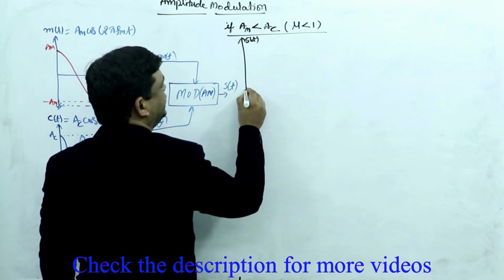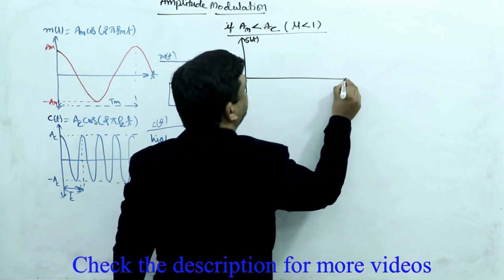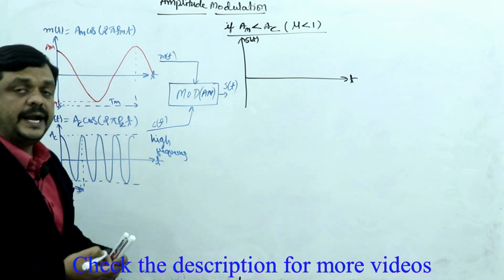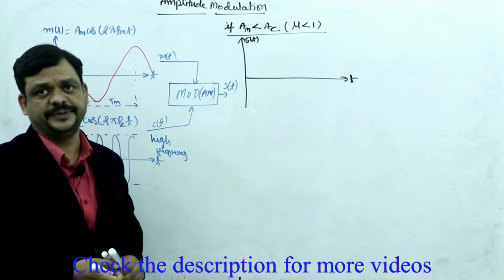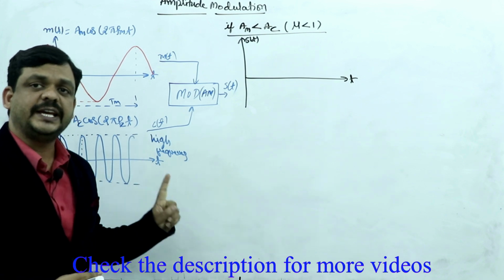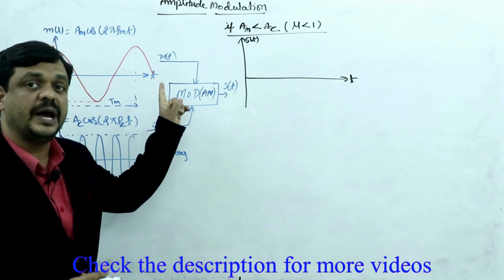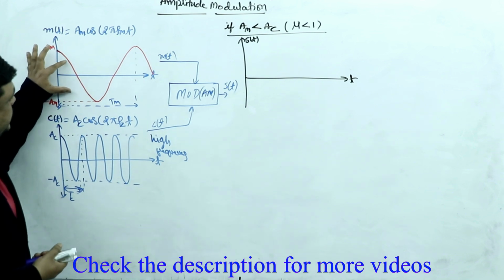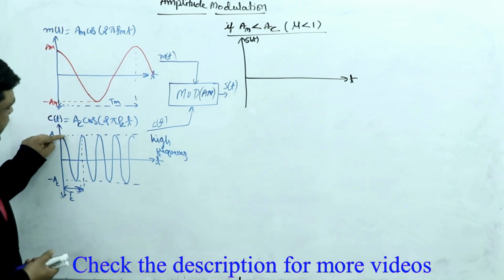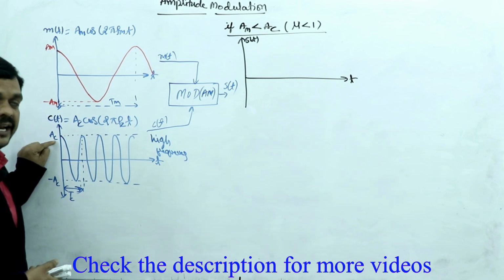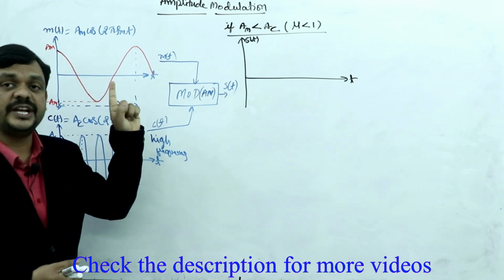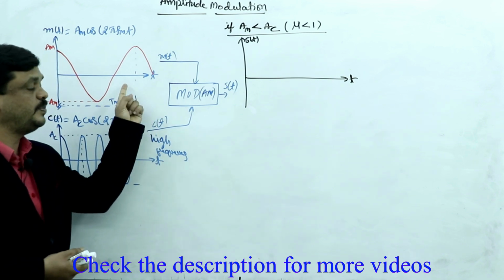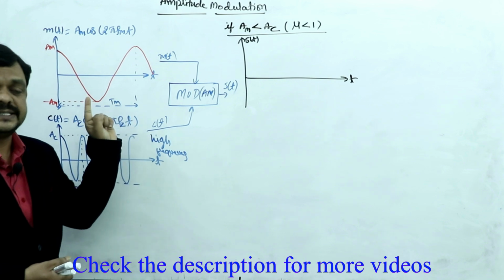This is the modulated signal. To draw it, first of all we have to combine these two. According to the definition of AM modulation, the amplitude of the carrier signal changes with respect to the amplitude of the modulating signal.